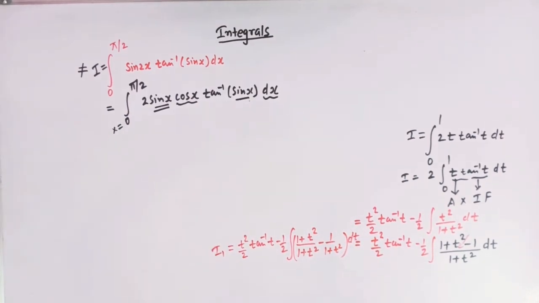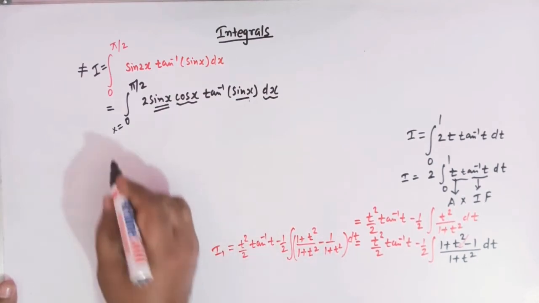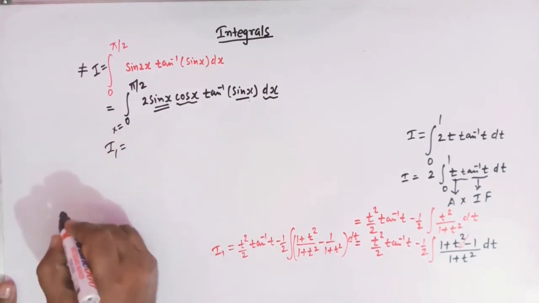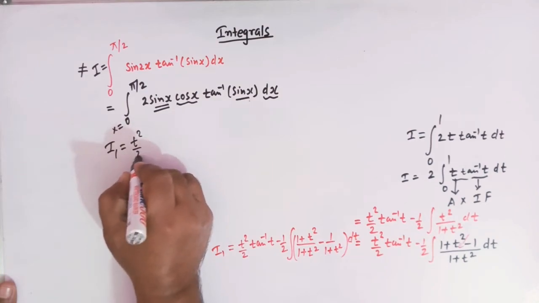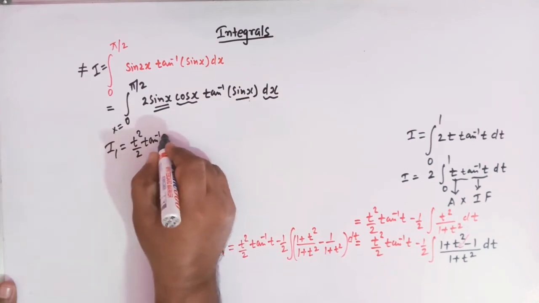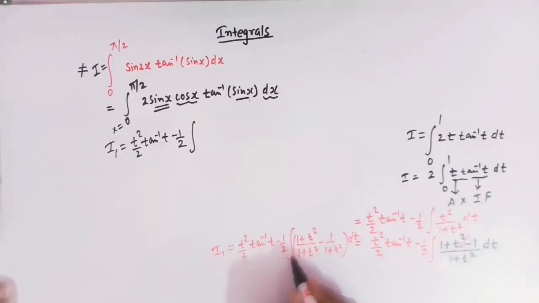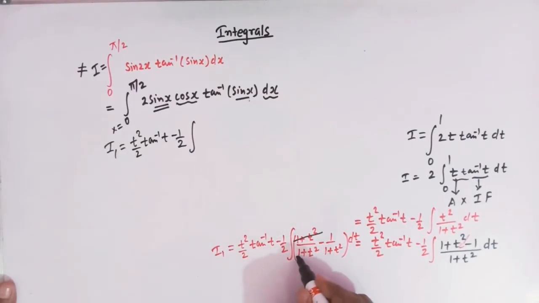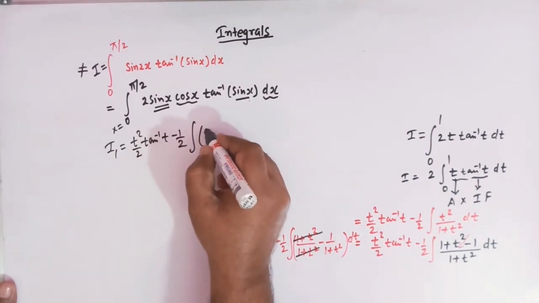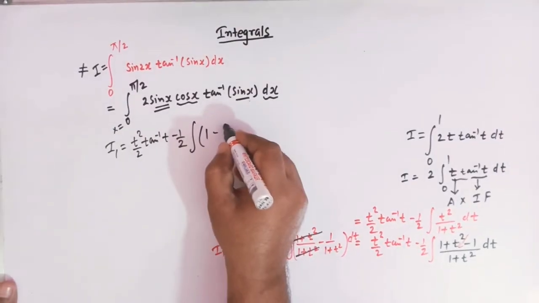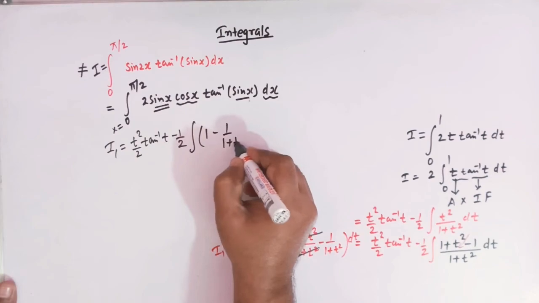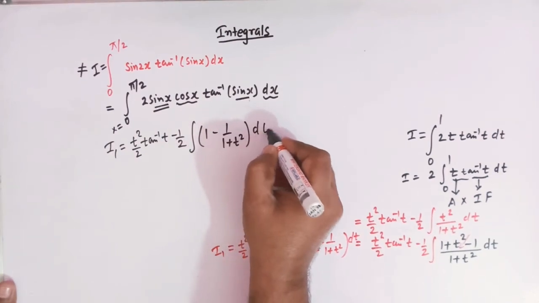Now let us simplify this expression. So we have I1 equal to t square over 2 tan inverse t minus half, and here we have the integral. Then 1 plus t square and 1 plus t square get cancelled, we are left with 1 minus 1 over 1 plus t square, dt, right?